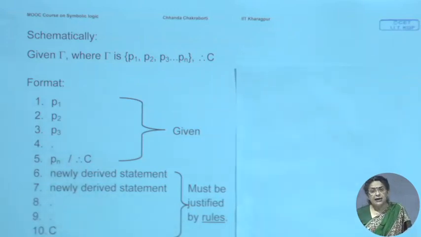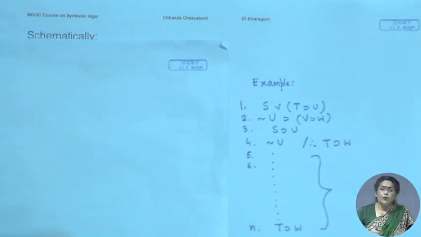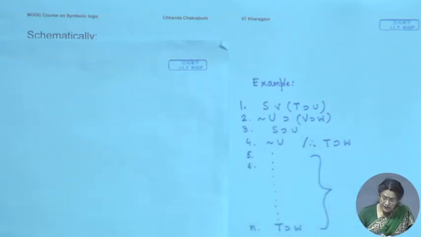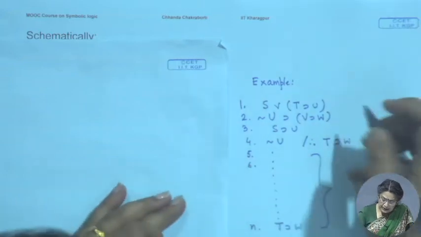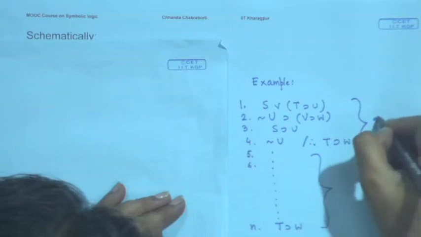If this was a skeletal representation of the format, let me show you what the actual example would be like. So, here is a small example where you have 4 premises, given premises. So, this entire thing is your given. Not only the premises are given, the conclusion is also given.